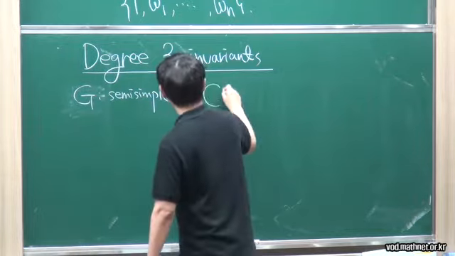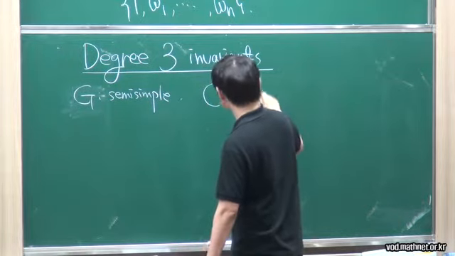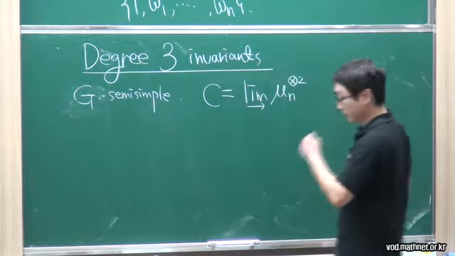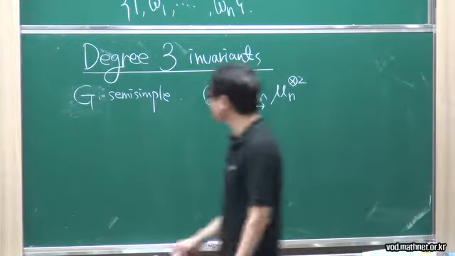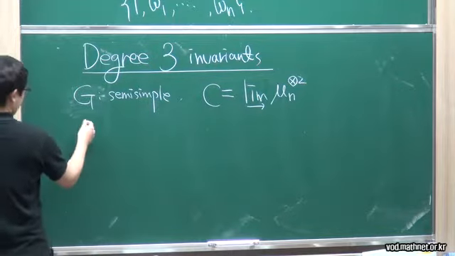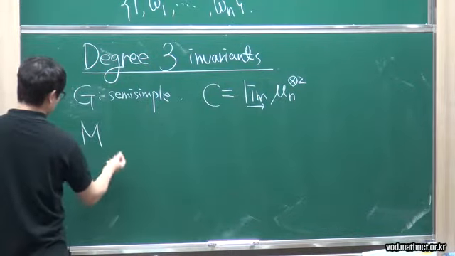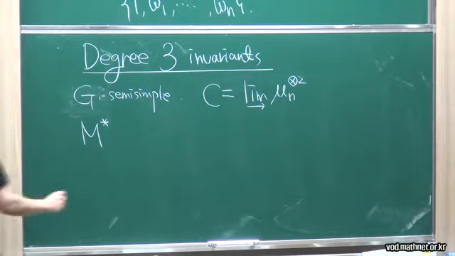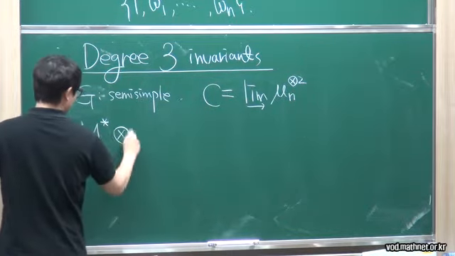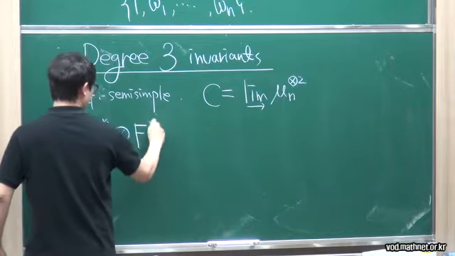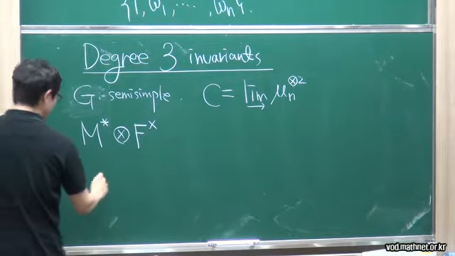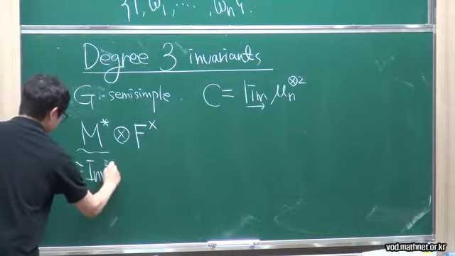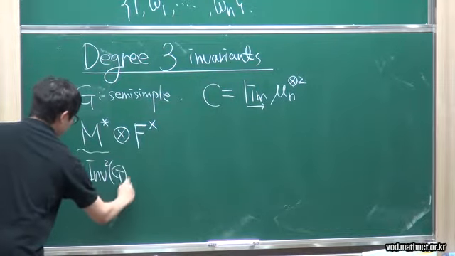And now we consider the coefficient C to be the tensor product of nth root of unity. Then you have this central subgroup and a base field, and we know this is degree 2 invariance of G.